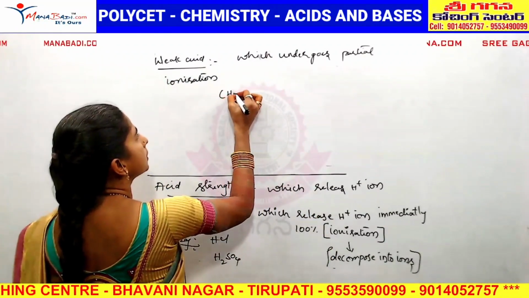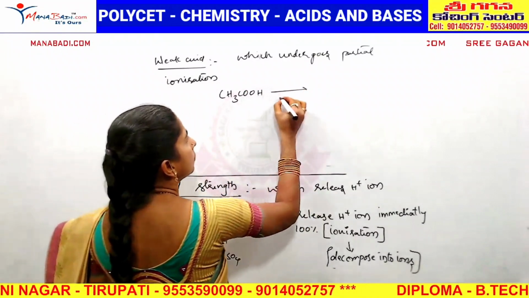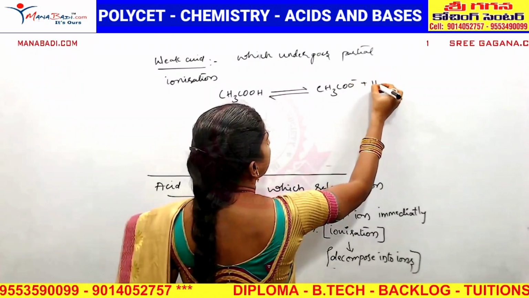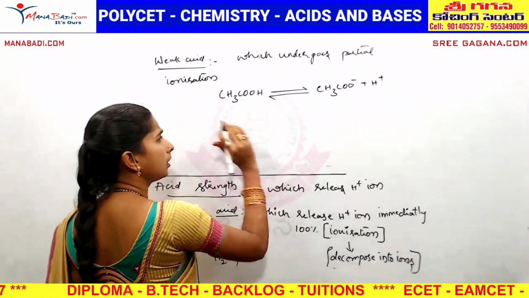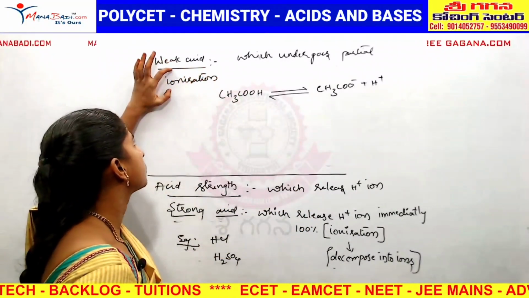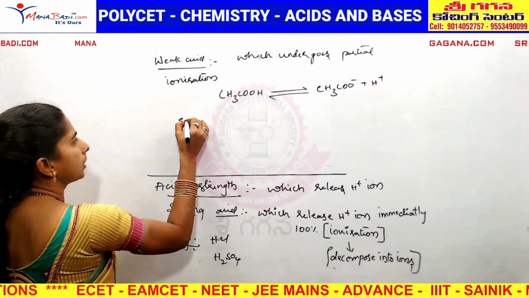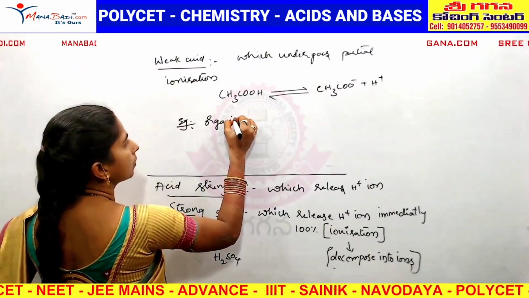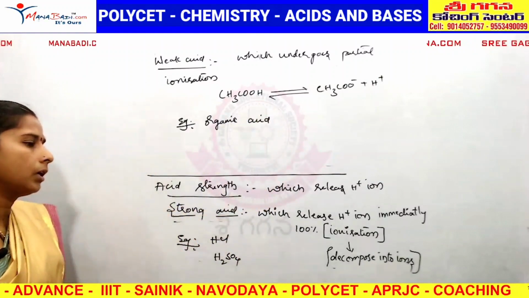For example, acetic acid is a weak acid. It releases acetate ion and H plus ion, but complete 100% ionization does not take place. That type of acid is called a weak acid. Examples of weak acids are almost all organic acids.